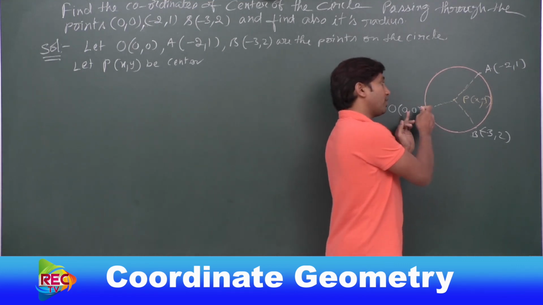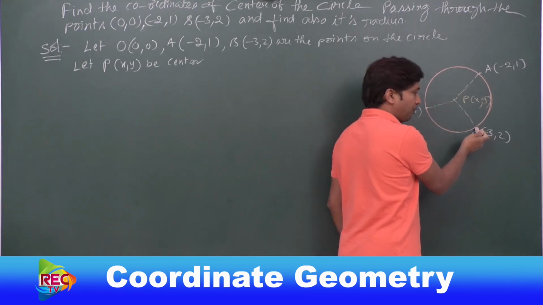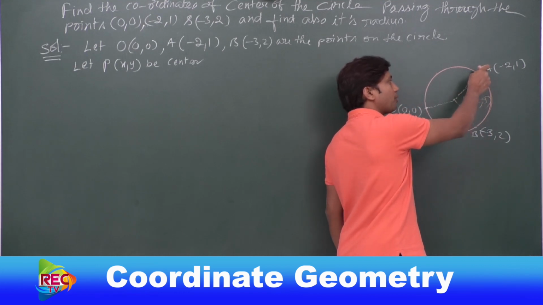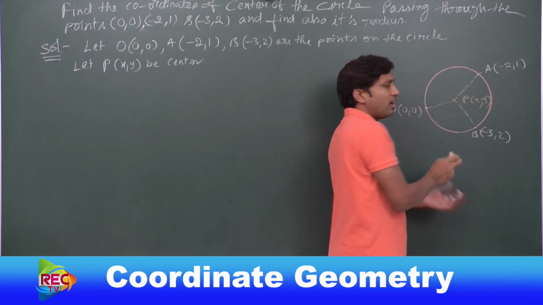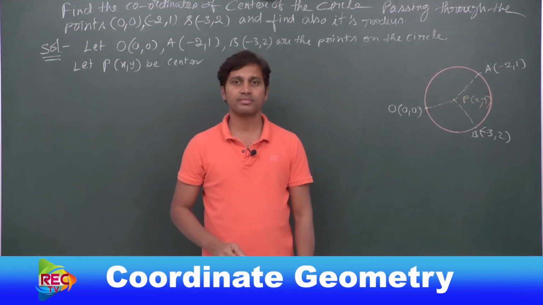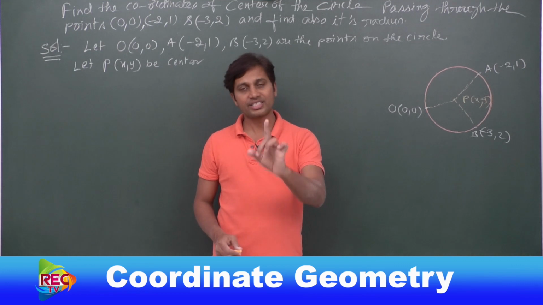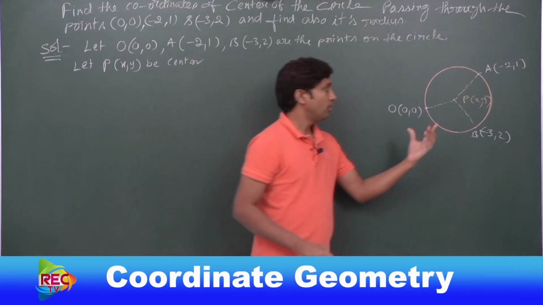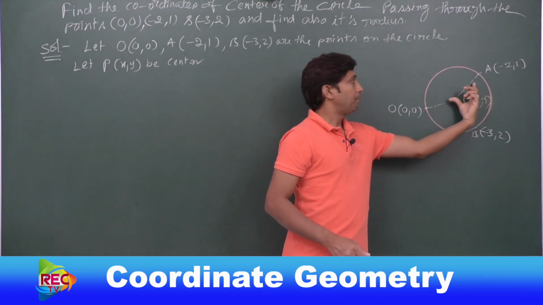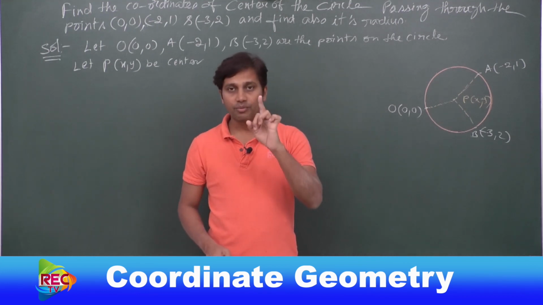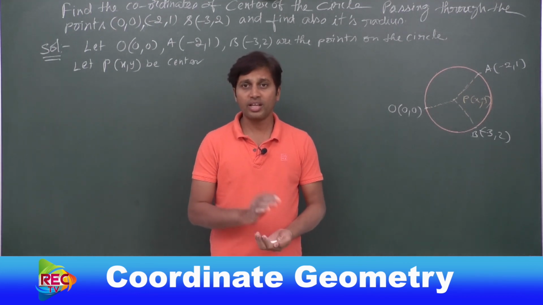The line joining a point on the circumference to the center is called a radius. This is a radius, this is a radius and this is a radius. Always the radius is constant for a circle. So PO, PB, PA all represent one radius of the circle, so all of them are equal.